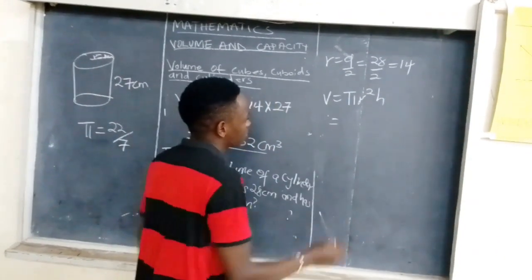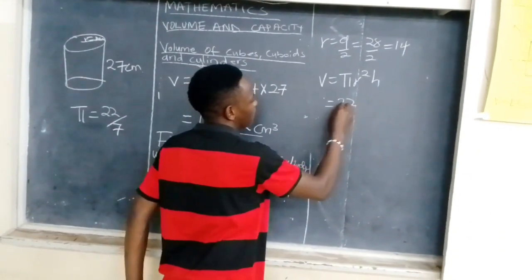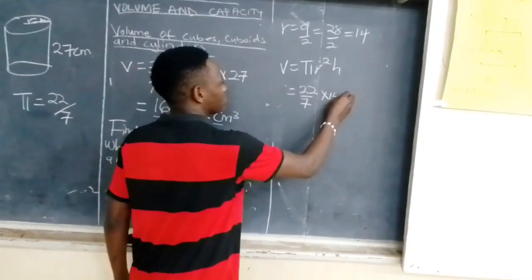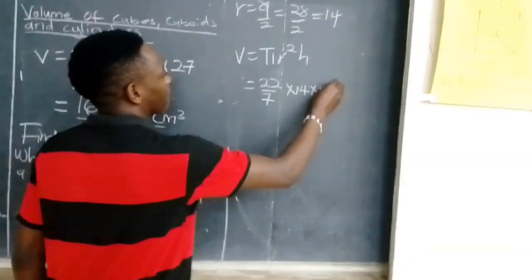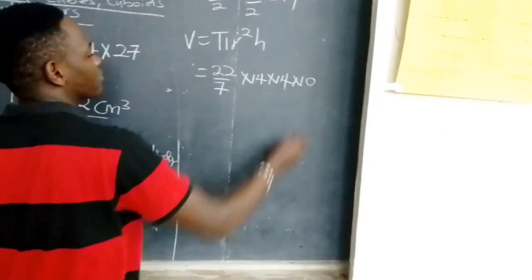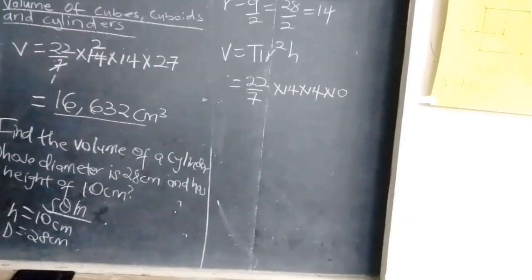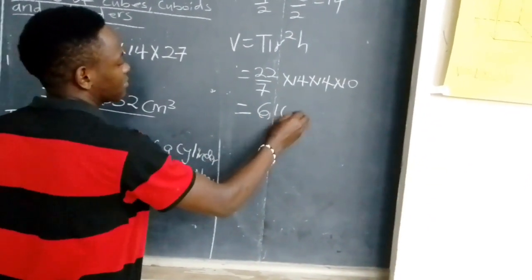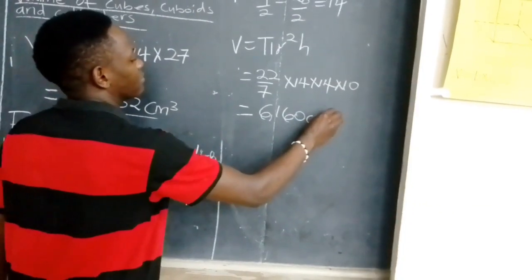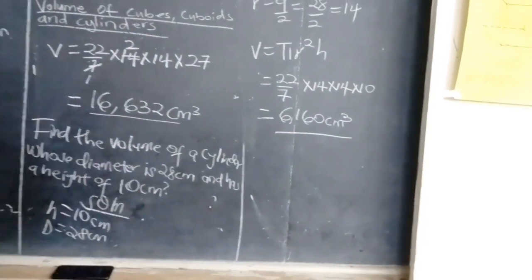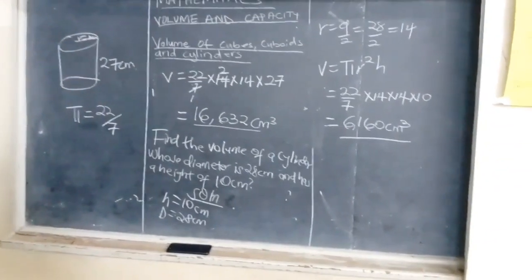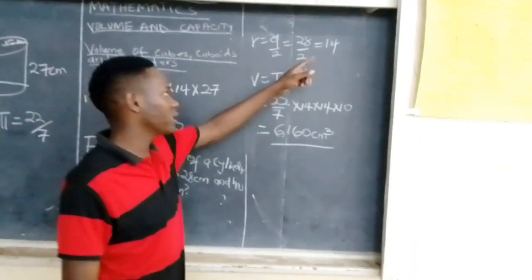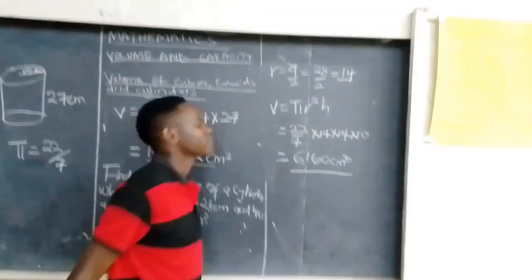Pi is 22/7 multiplied by 14 times 14 times 10 centimeters. This will be equal to 6,160 centimeters cubed. That's correct, Theory. When given a diameter, first divide by 2 in order to obtain the radius. That's good.